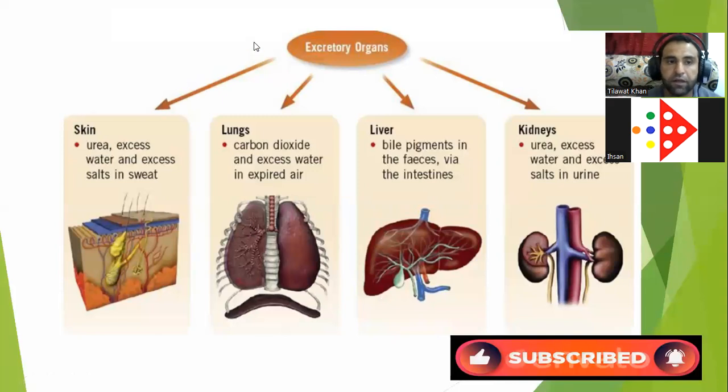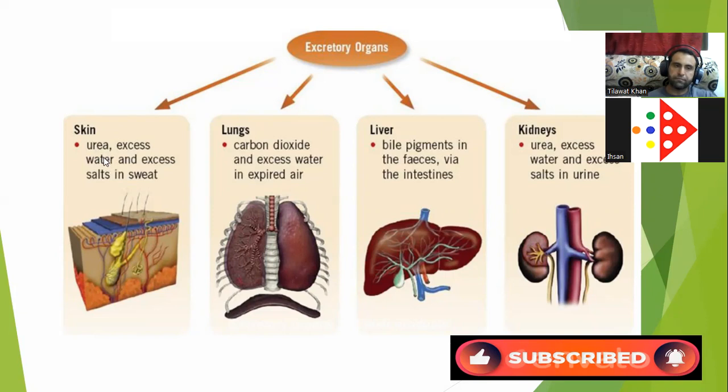Now these are the excretory organs of your body: skin, lungs, liver, and kidney. Could you please tell me how the skin is an excretory organ?